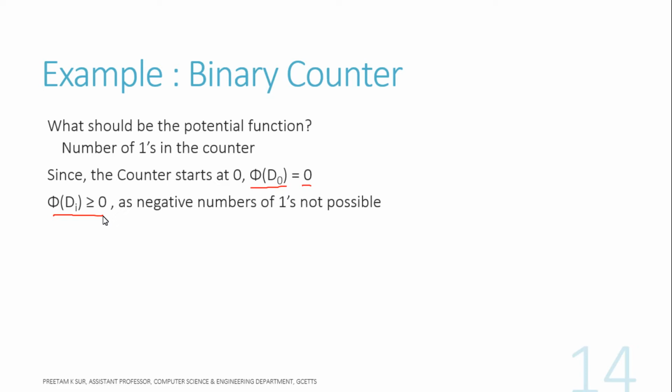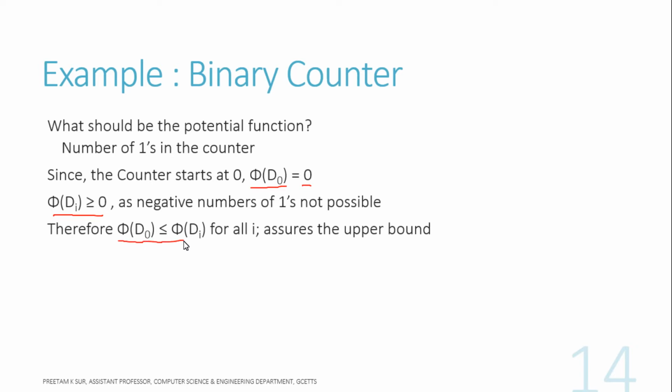Okay, so what we found from these two analyses is that phi of d0 is less than or equal to phi of di for all i, right? So it means that it assures the upper bound of the actual cost by the amortized cost, right?